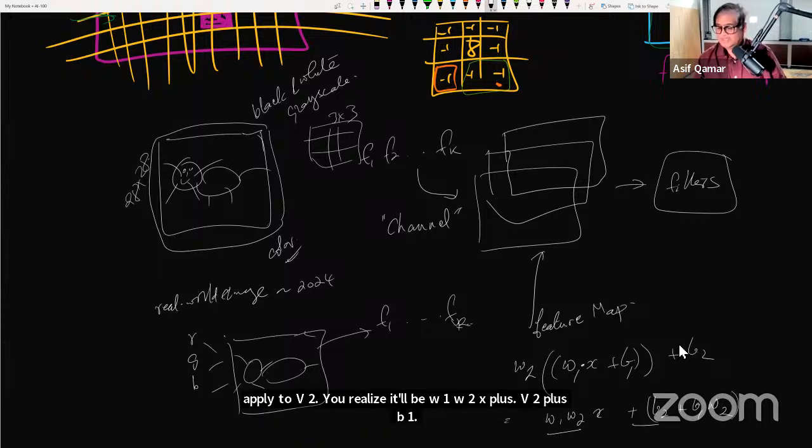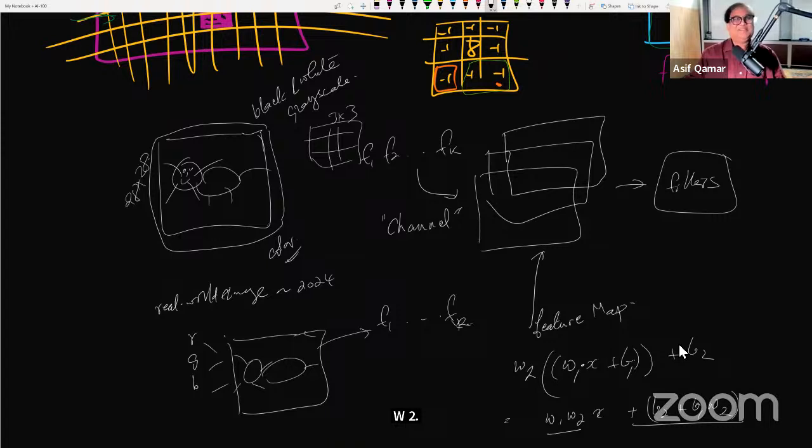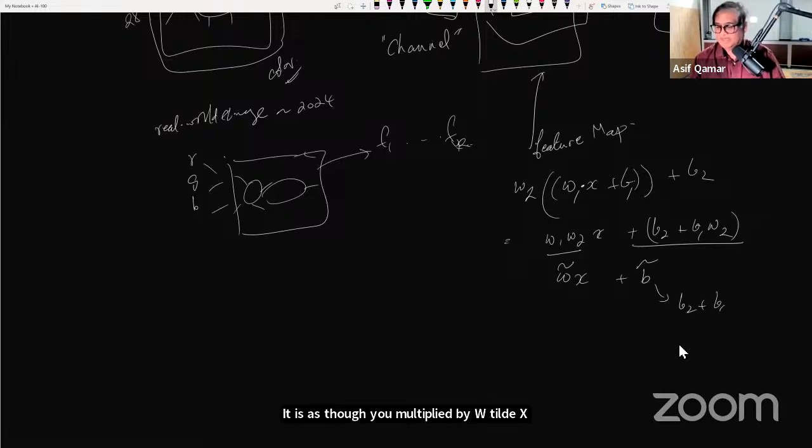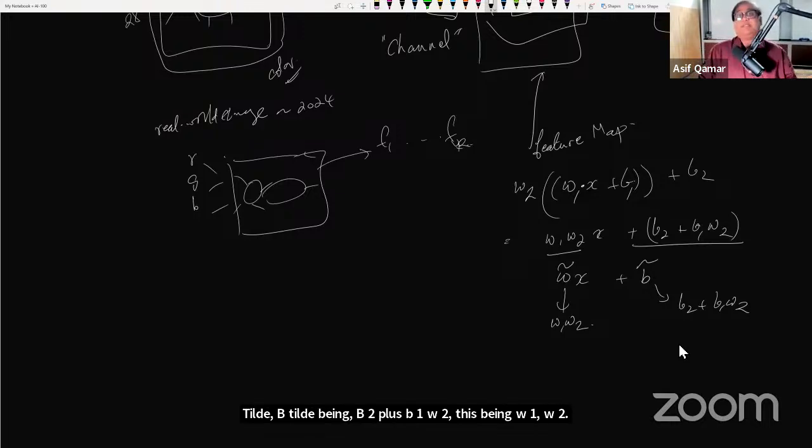This term. So what does it look like? This is also a linear transform, isn't it? It is as though you multiplied by W tilde x plus B tilde, being B2 plus B1 W2, this being W1 W2, isn't it? So you can't apply filter after filter. What is missing in between? What did we miss to do?